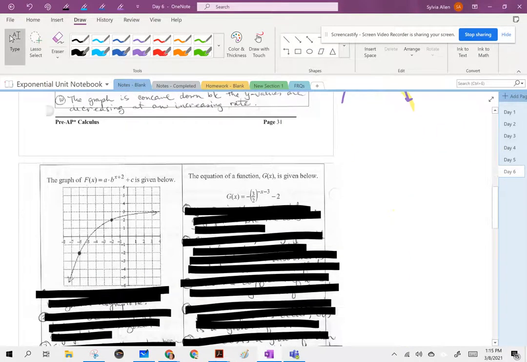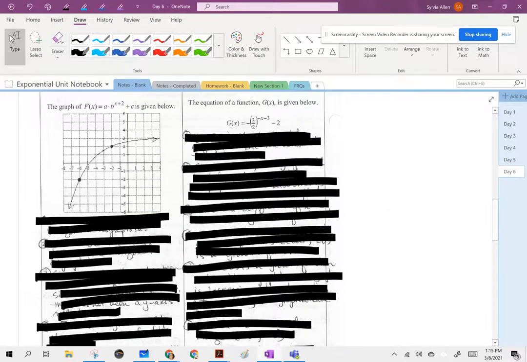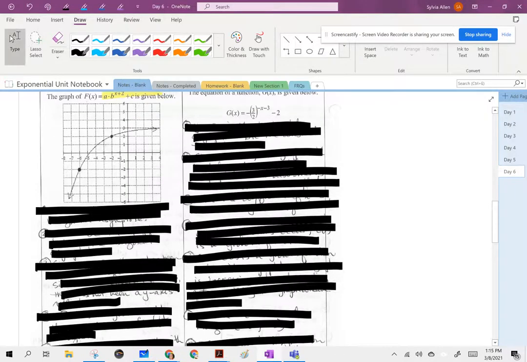So let's take a look at this part right here where you're given a graph. You're given a graph and the general form is here. So tell me as many things as you can. Let's see if you were able to identify that the C value is 3, and that's the horizontal asymptote.